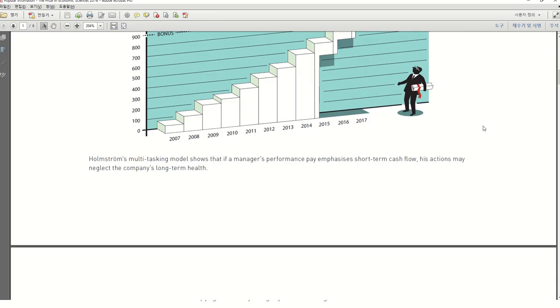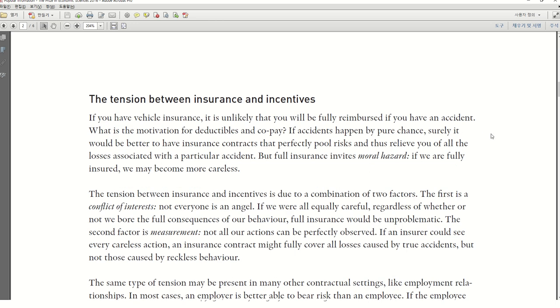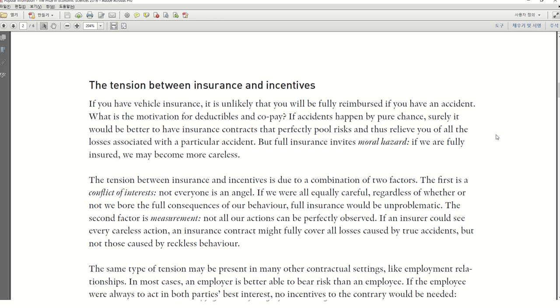The first topic discussed is the tension between insurance and incentive. I encourage you to go back and read this part at least, and check your understanding on this topic, the tension between insurance and incentive.